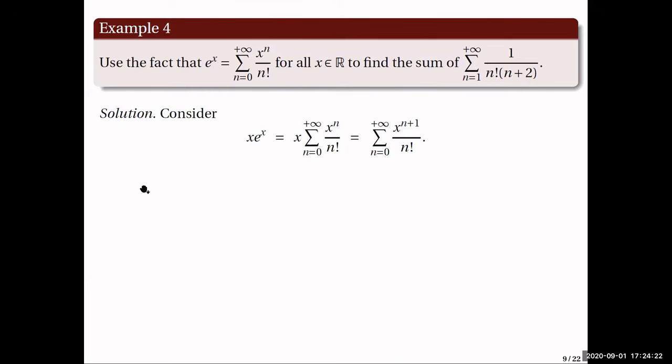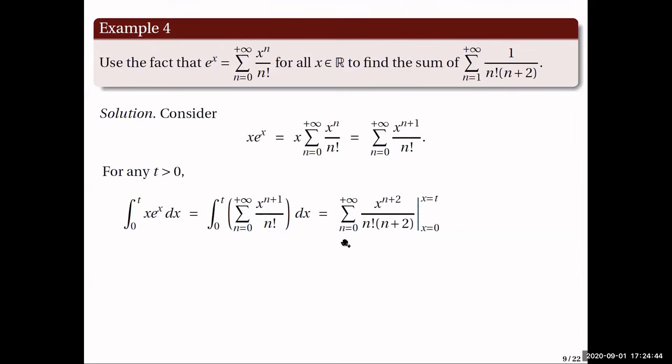Okay, so now for t greater than 0, we have the following definite integral for x e to the x, which we can solve by solving the integral of this series from 0 to t dx. Okay, so the integral of this summation is equal to the summation from 0 to infinity of x raised to n plus 2 over n factorial times n plus 2 evaluated from x equals 0 to x equals t.